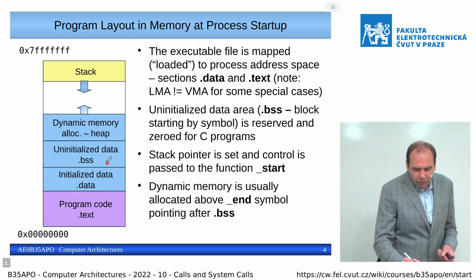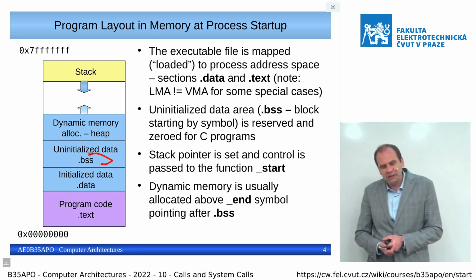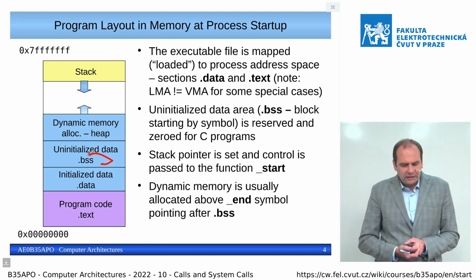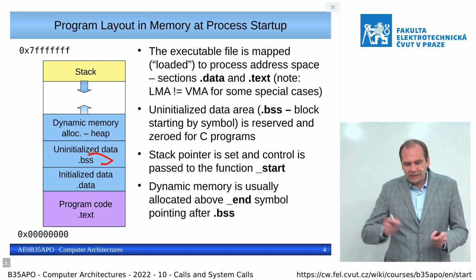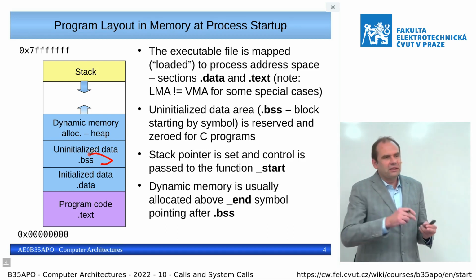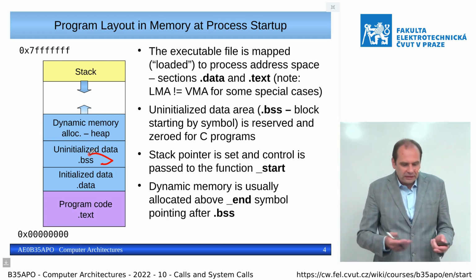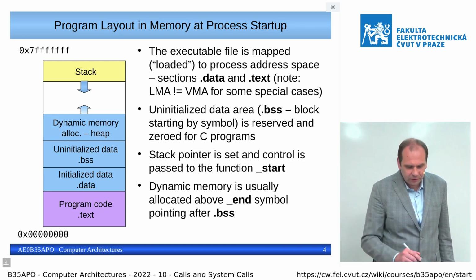Then you can have there the BSS, which is a historical name for the section for uninitialized data. It is called this way because it is a block starting by symbol. So it is that label from the assembly writing of the programs.